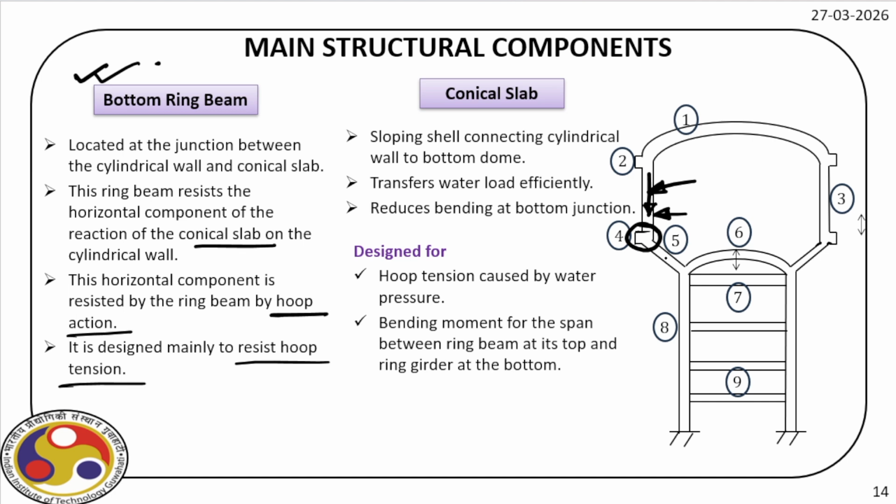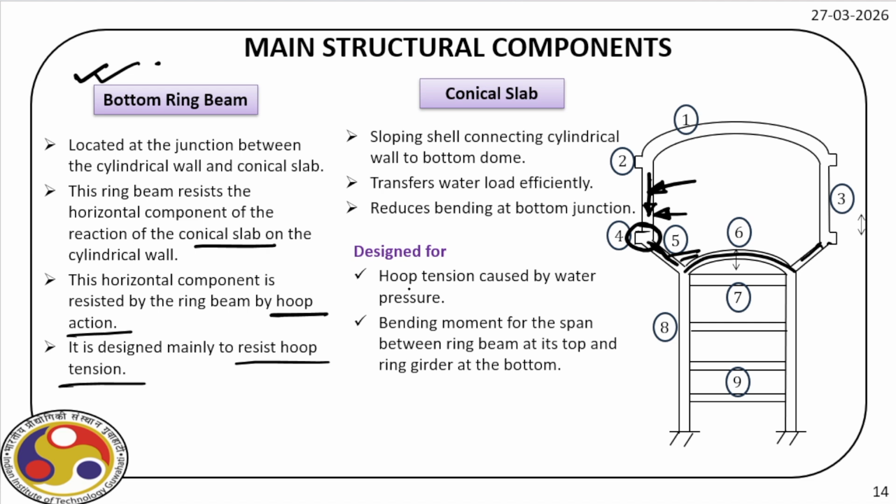Then we have component number 5, which is the conical slab. It is a sloping shell connecting the cylindrical wall to the bottom dome. So this bottom dome here and this cylindrical wall, it is connected by this slab.